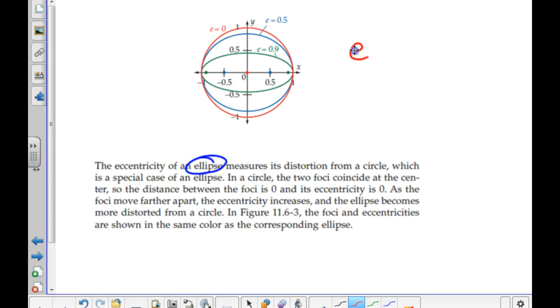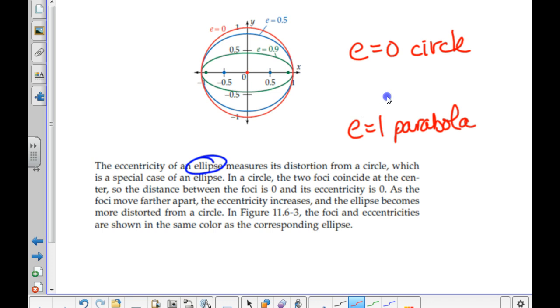Circle is 0. If you get to 1, it breaks apart and becomes a parabola. So in between there is where it gets narrower. So when it's really close to 1, that's when it's narrow. When it's really close to 0, it's very circular.